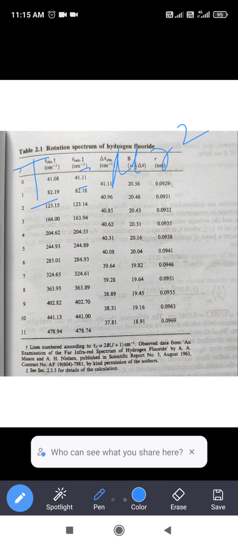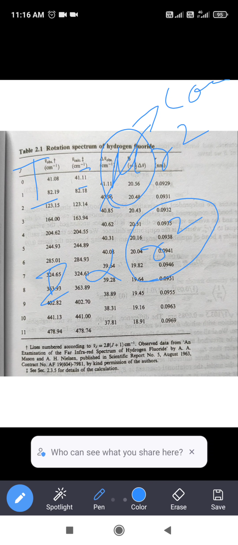So there is no change in mass, this is constant. Only I depends on r square. When r square increases, I increases. When r square decreases, I also decreases.